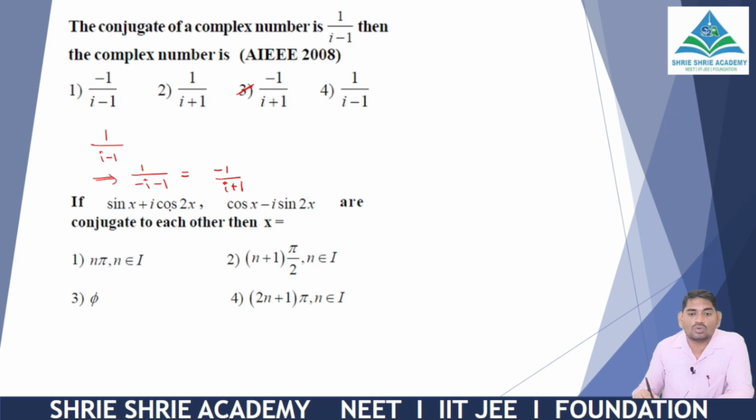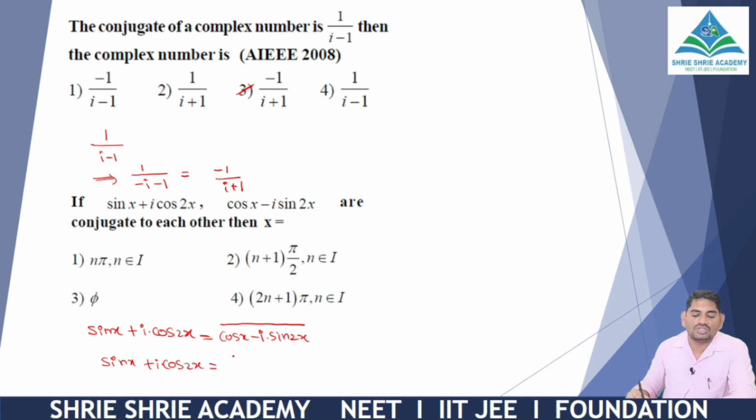They have given in the question that these two complex numbers are conjugate to each other. So sin x plus iota into cos 2x is equal to the conjugate of the second complex number, cos x minus iota into sin 2x.